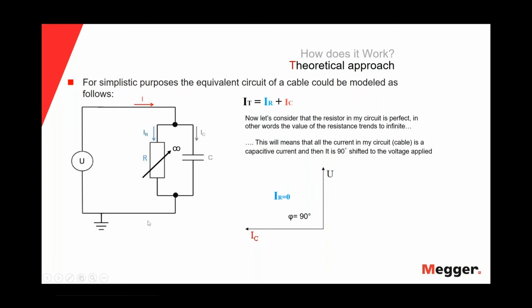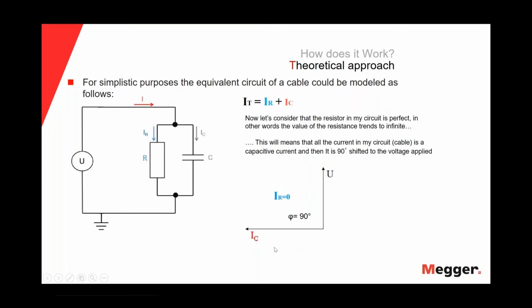Now, let's consider that this resistor is no longer perfect, so the resistance no longer tends to infinity. That means that we will start to see some resistive current going through the resistor. In this case, we will see a little component of resistive current over here.